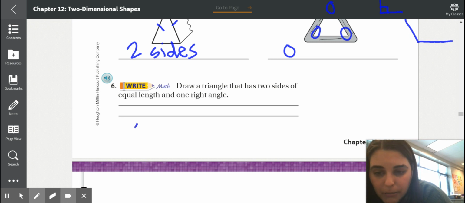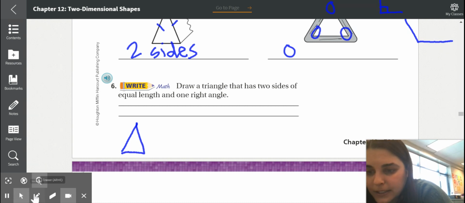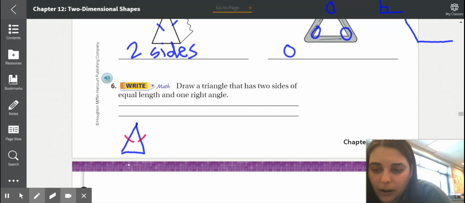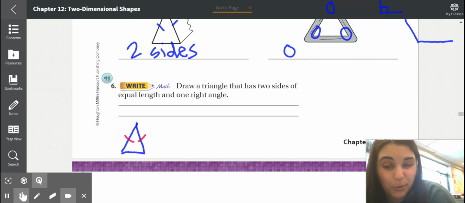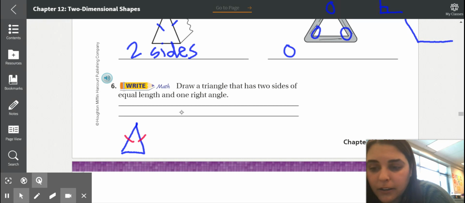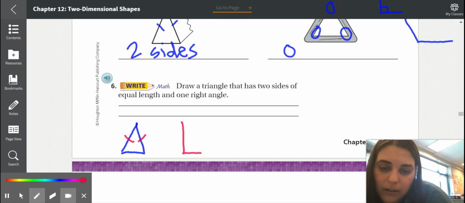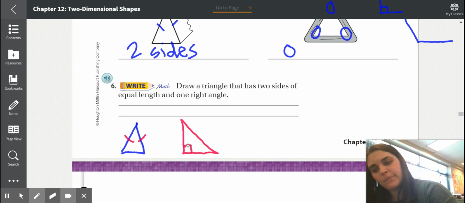I'm gonna do my best to just draw. So I would say that this side and this side are the same and not that bottom one, but it will be easier with your ruler. And then a triangle that has one right angle. That would be the right angle.